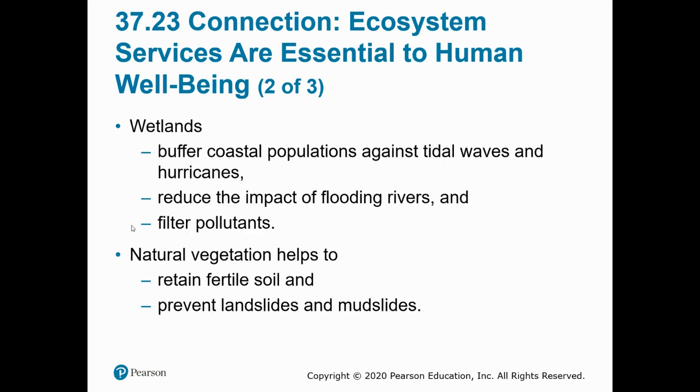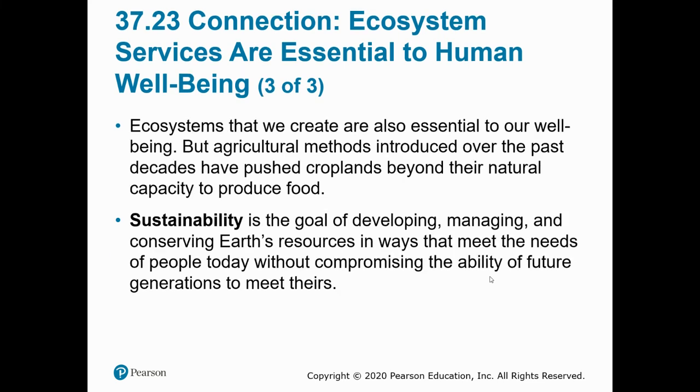And we need to make sure that we have these types of landscapes available that give us the ability to buffer and provide some of these ecosystems that we need for that.